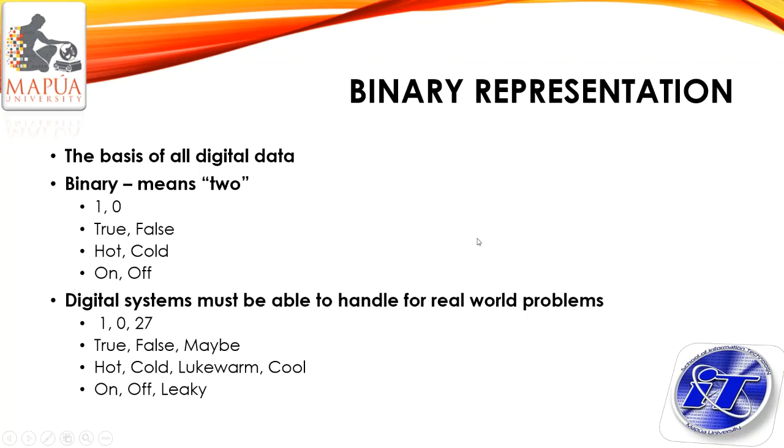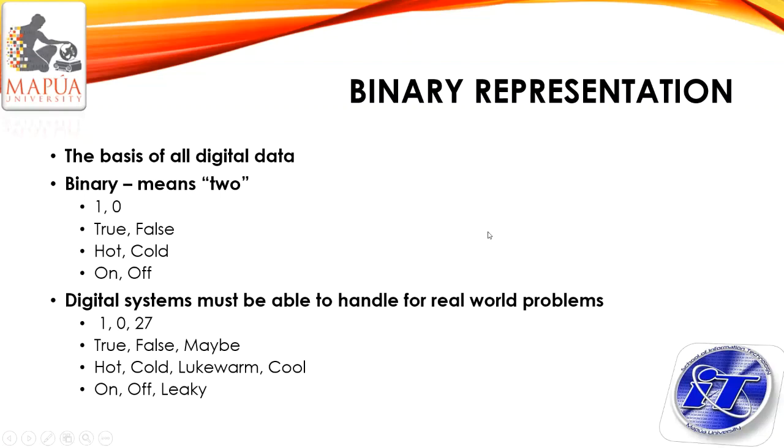Okay, so if it's more than two, how are we going to represent those data if binary is only two status? The concept behind how we're going to represent more than two data in a set will be discussed in data encoding.